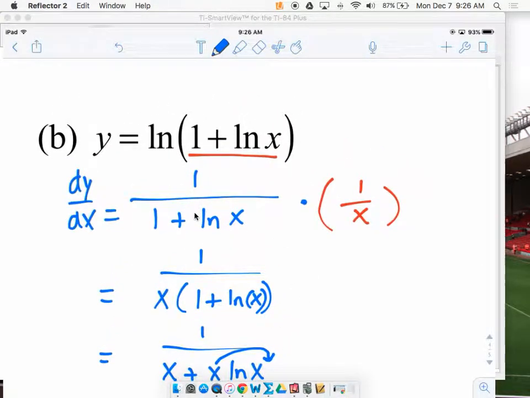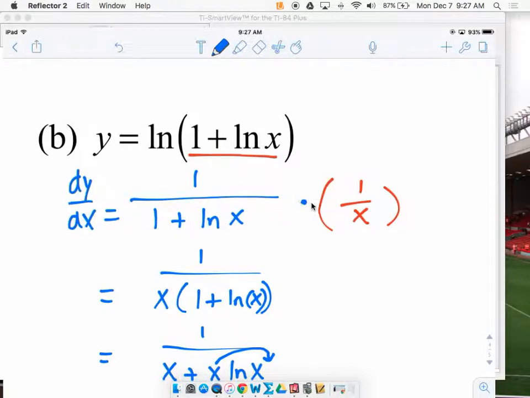So whenever you're taking the ln of really anything, it's 1 over whatever you're taking, whatever's inside the parentheses goes in the denominator. Well, this here in blue is the derivative of ln of 1 plus ln of x, right? Again, it's 1 over whatever you're taking the ln of, which is this.